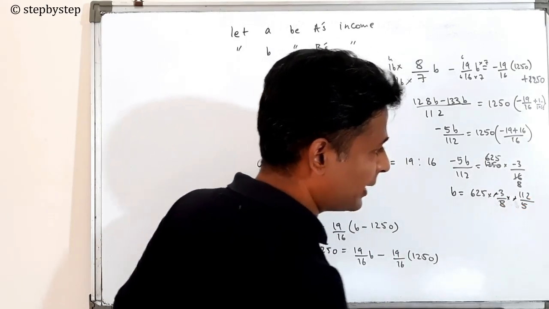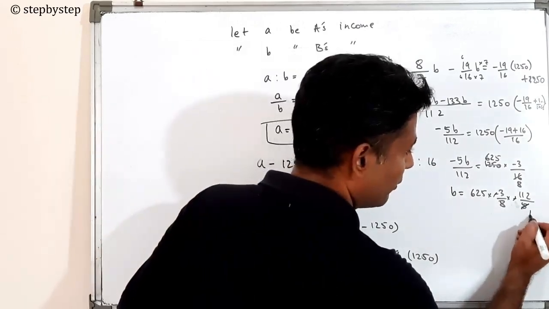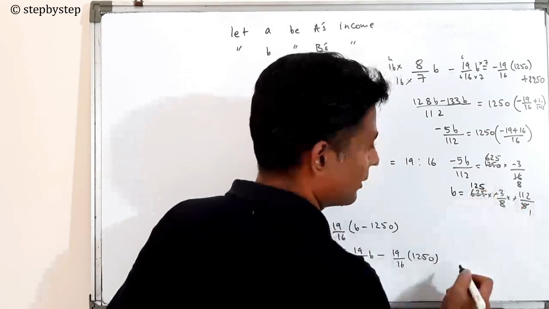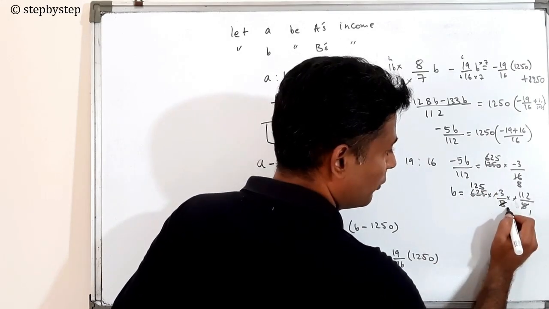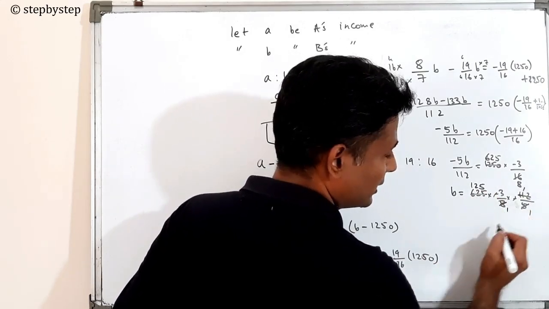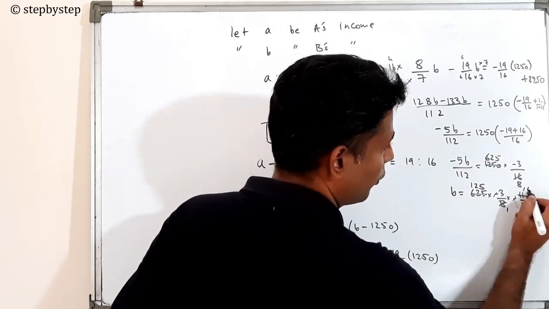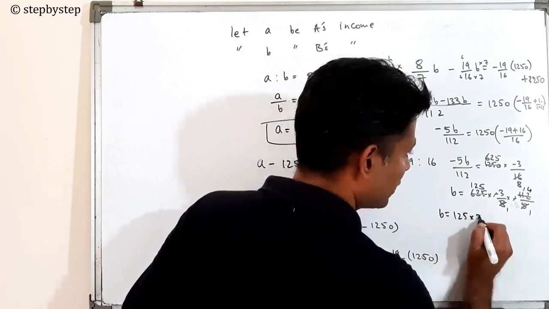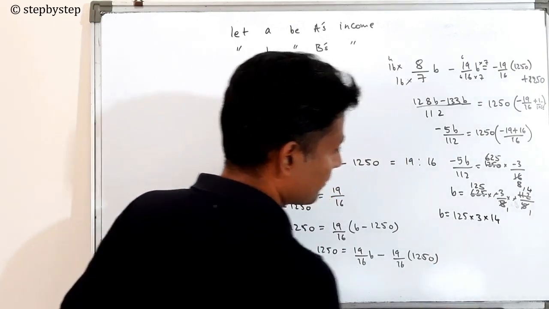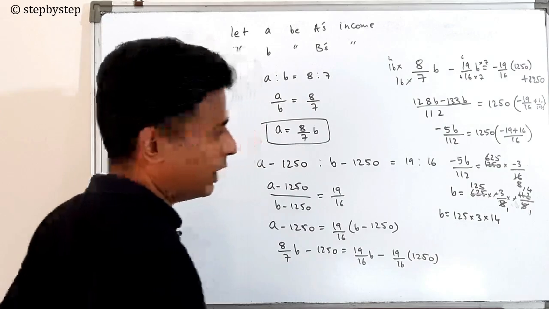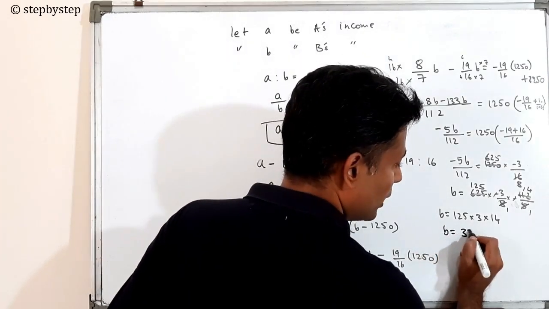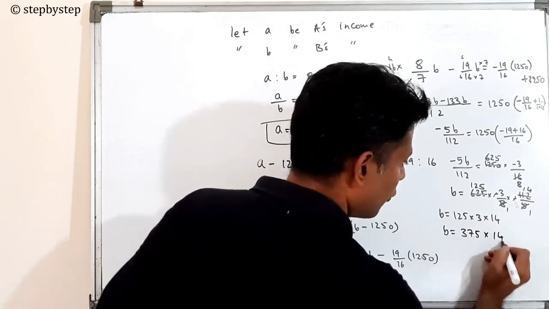Minus into minus will become plus. 5 into 125 is 625. 8 should go with this, 8 14s are 112. So what do we get? B equal to 125 into 3 into 14. So 125 into 3 is 375. So B equal to 375 into 14.